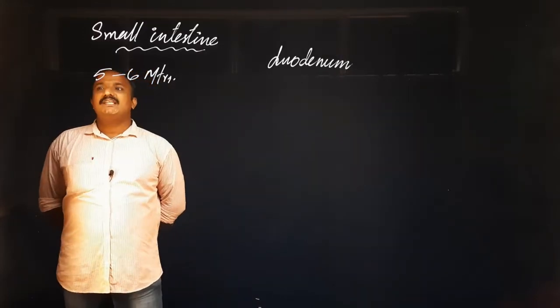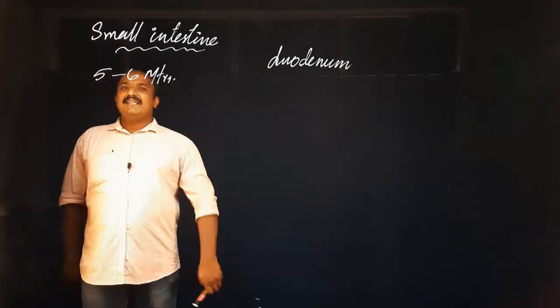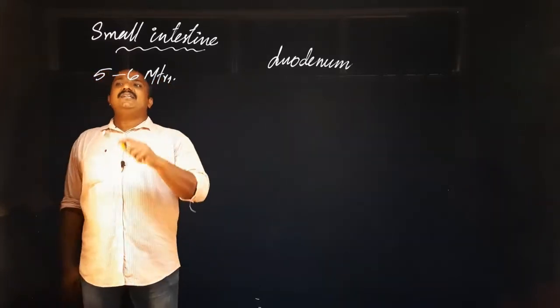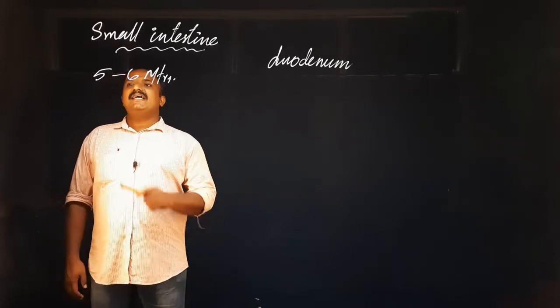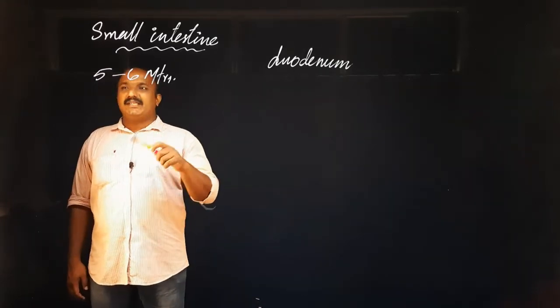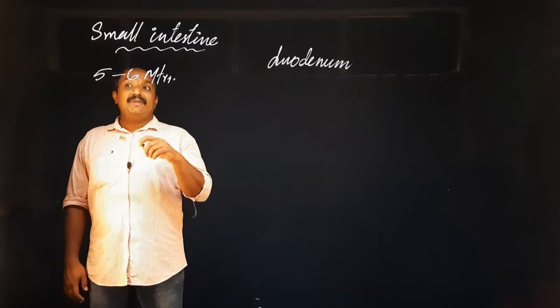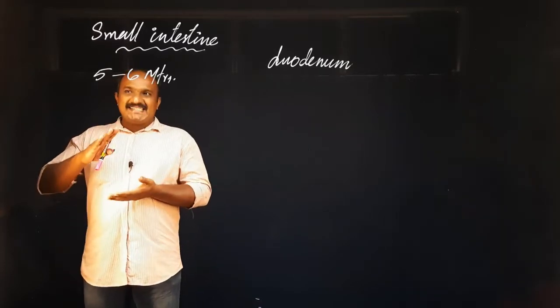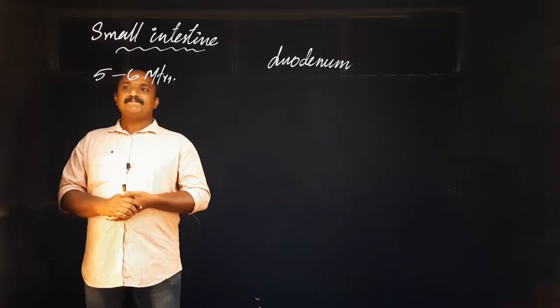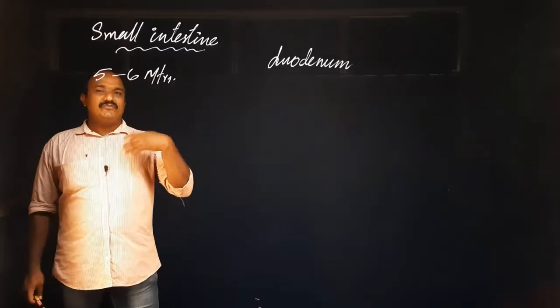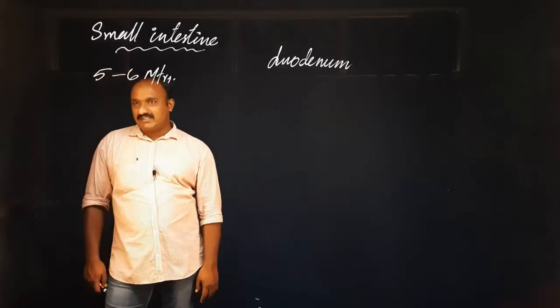That's why it is called the small intestine. But it has this much length and it is located in the abdomen, where it is coiled or folded repeatedly, so it is seen as a fold or coil. Then it performs the actions of digestion.